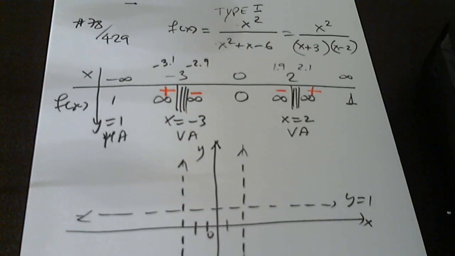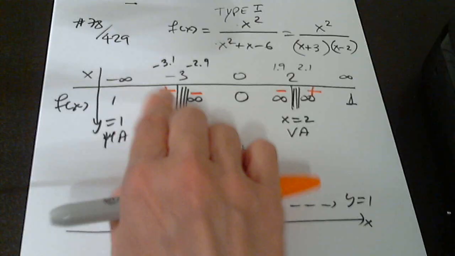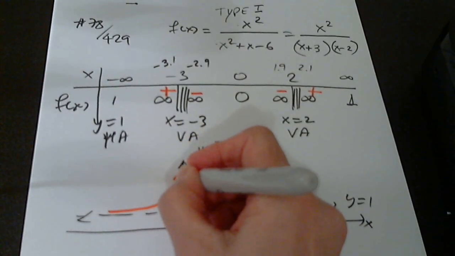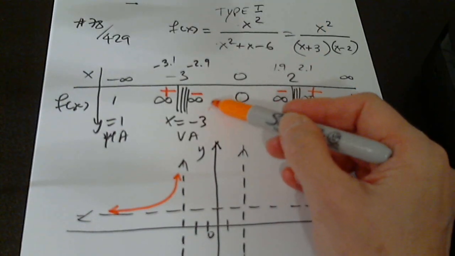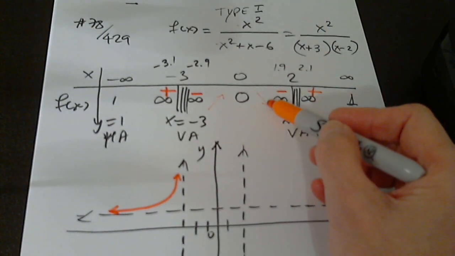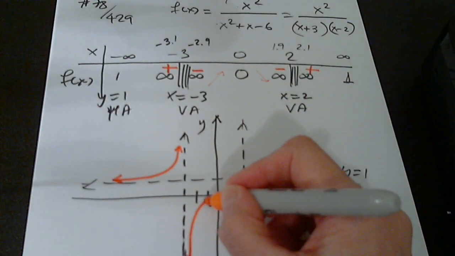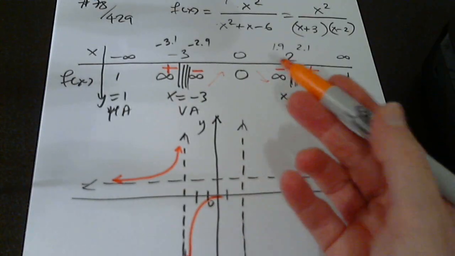Ready. We read the table. From 1 up to infinity. Easy. From -infinity up to 0, down to -infinity. I don't know if it turns at 0. But actually, you cannot cross.